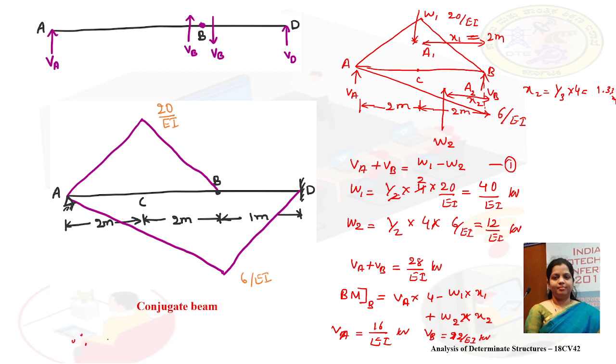Therefore, theta at A or slope at A will be equal to 16 by EI kilonewton and slope at B will be equal to 12 by EI kilonewton. Now let us calculate the deflection at C.